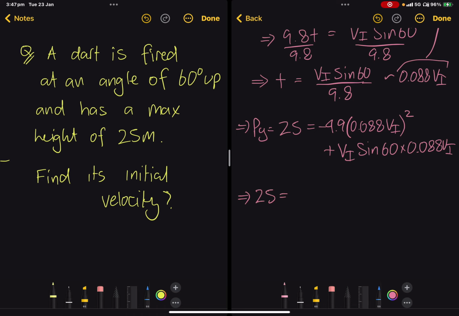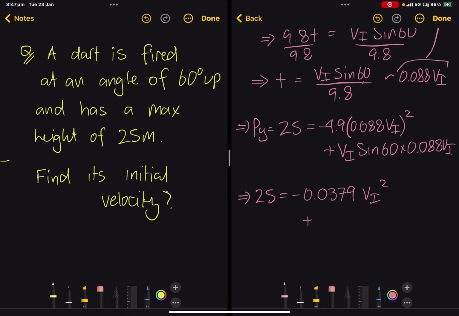So we have 25 is equal to minus 4.9 times 0.088 squared. This gives me minus 0.0379 times vi squared, plus vi times vi gives us a vi squared in the next term, sine 60 times 0.088.